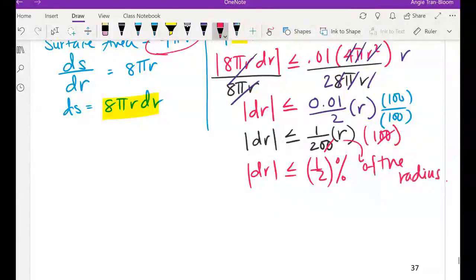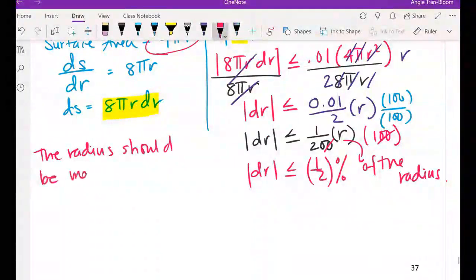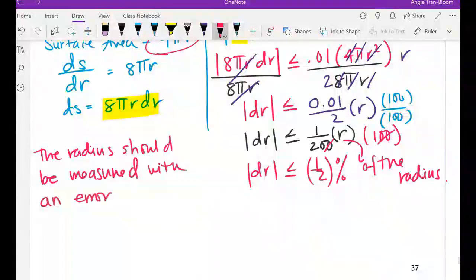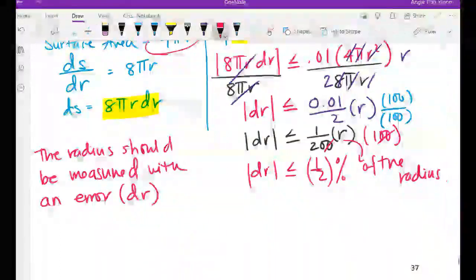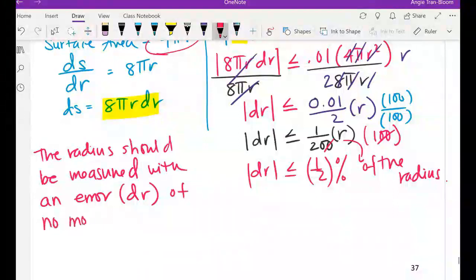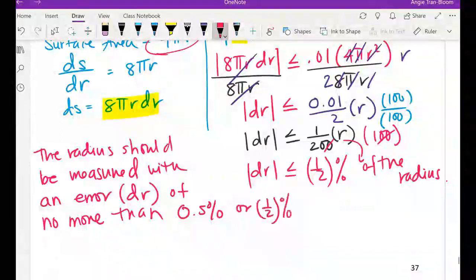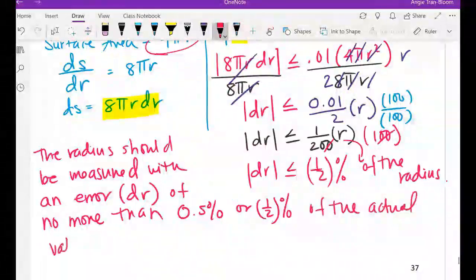And then because of r, of the actual radius. Okay, so how do we spell all of that out? The radius should be measured with an error, which is, remember, dr, the radius should be measured with an error of no more than 0.5%, or you can write 0.5% of the actual value of the radius.